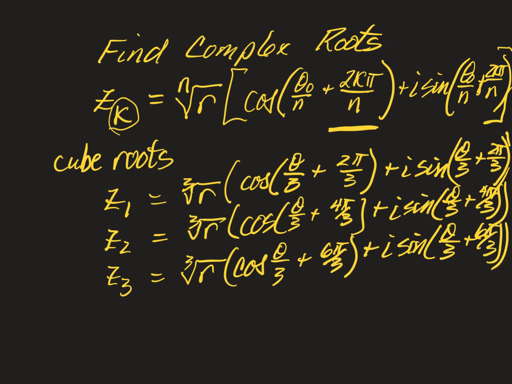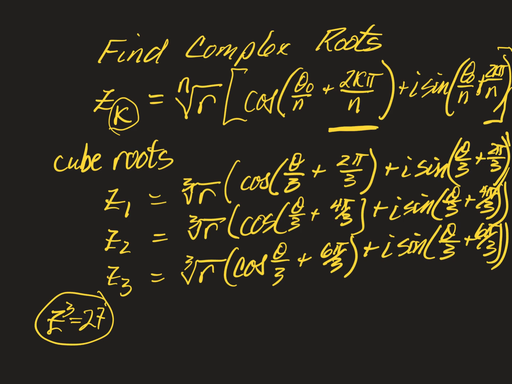So now I've written that out. Now let's go to the problem we were doing. We wanted to find the complex cube roots of 27. This is the one we did algebraically. So I want to be able to find the r value.